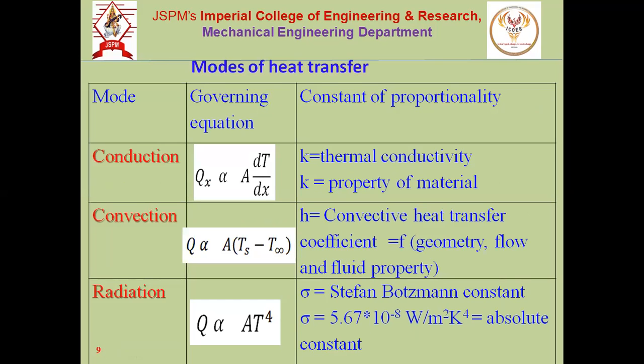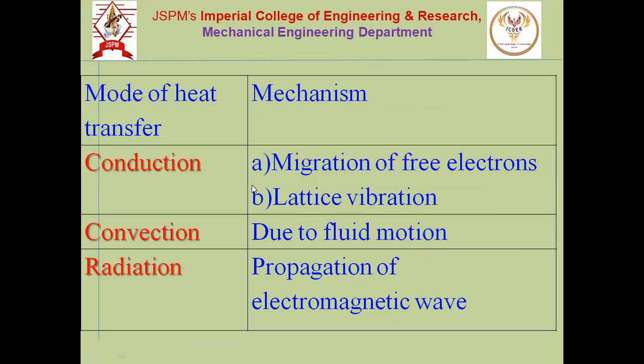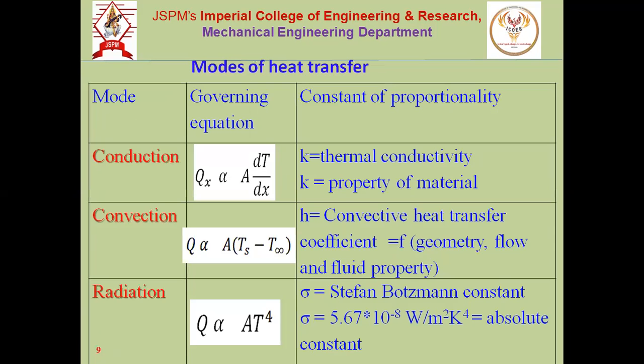Now comes the governing equation. In conduction, the heat transfer is directly proportional to the temperature gradient and area, where the constant of proportionality is k. k is a material property.